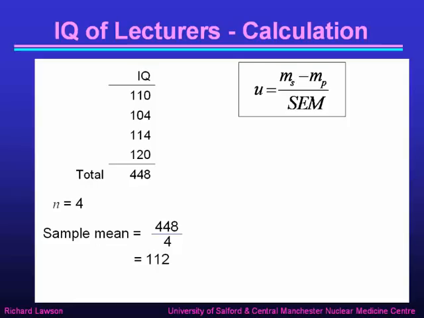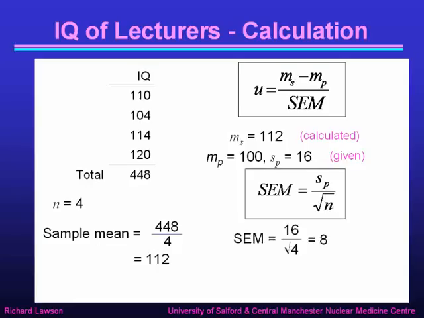Remember, the test statistic is MS minus MP over the standard error of the mean. So we have the sample mean MS is 112, we just calculated that. We're given that the population mean is 100 and the population standard deviation is 16. But we need to work out the standard error of the mean, which is the population standard deviation divided by root n.